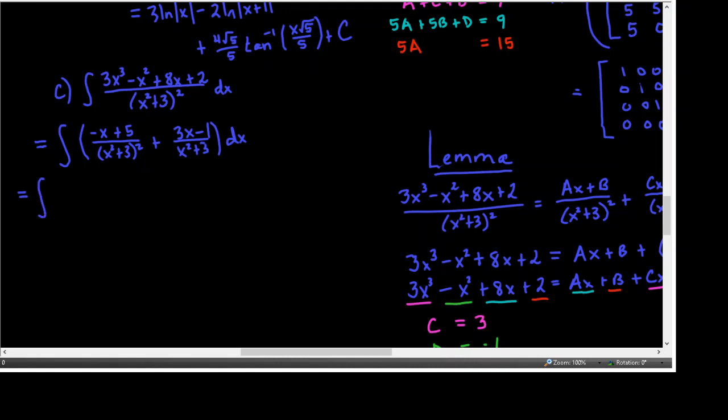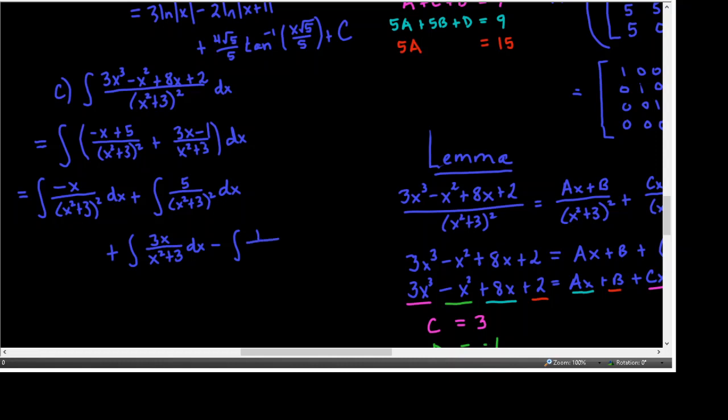So, for example, I'm going to have the integral of -x over x squared plus 3 squared dx, plus the integral of 5 over x squared plus 3 quantity squared dx, plus the integral of 3x over x squared plus 3 dx, minus the integral of 1 over x squared plus 3 dx. Okay, so pause the recording and see if you can finish it now.